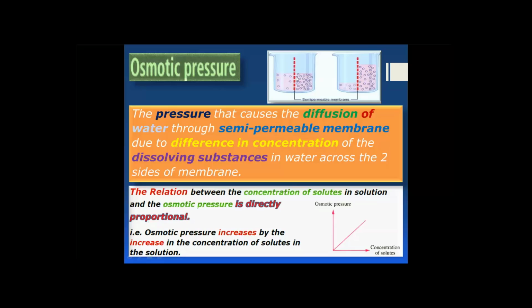So what is the relation between the concentration of solutes in the solution and the osmotic pressure? It's directly proportional, as we see. Osmotic pressure increases with the increase of the concentration of solutes in the solution.